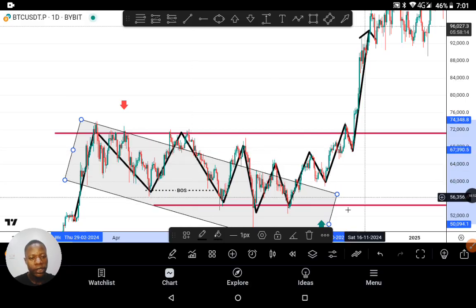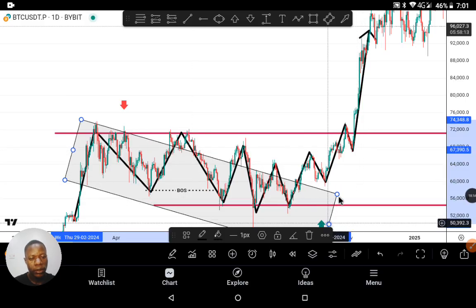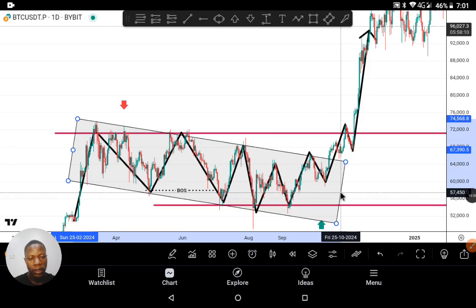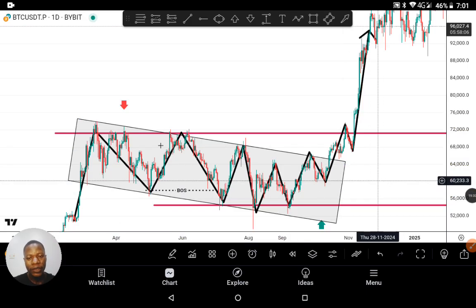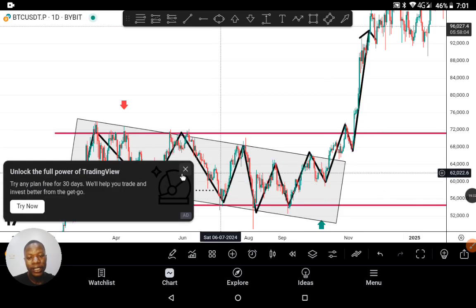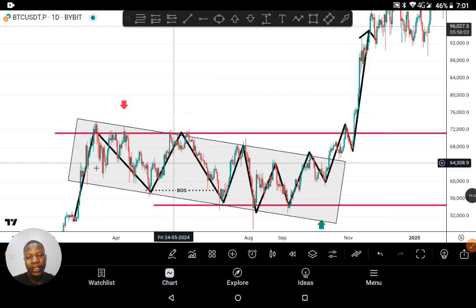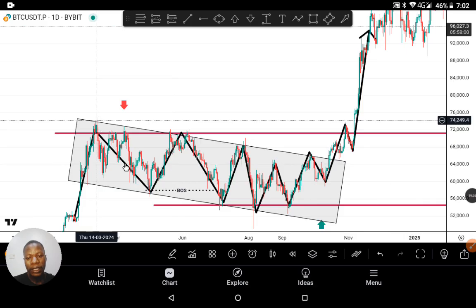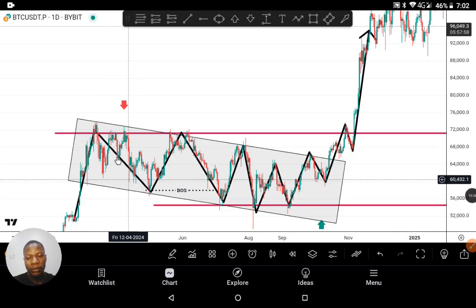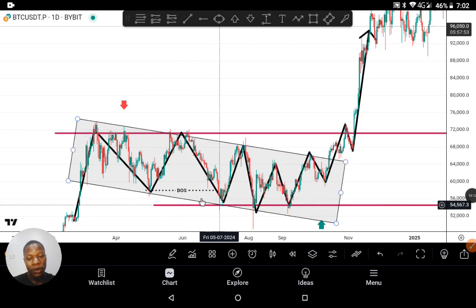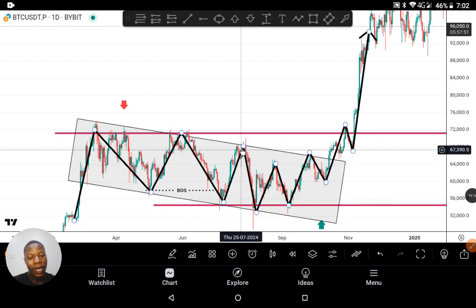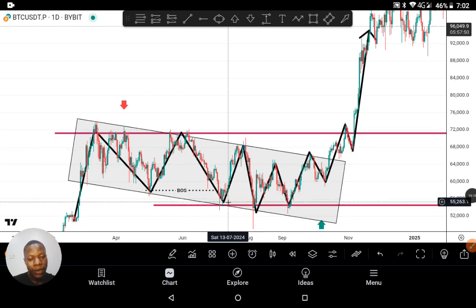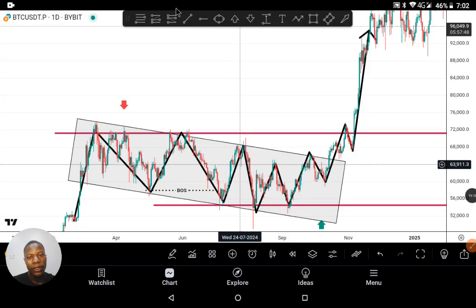This is a downtrend. As you can see, we have a low here, we have a high here, we have a low here, we have a lower high, we have a lower low. There's a break of structure. We have a lower high, and here again we have another lower low.